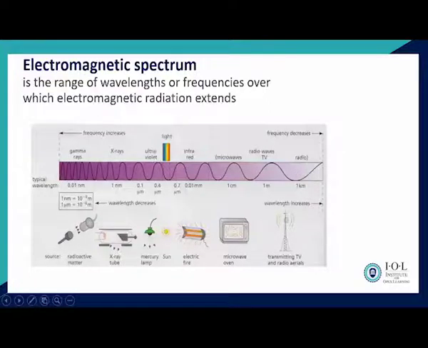So these are examples of electromagnetic waves. So you must be able to draw a diagram to show their frequencies and also their wavelength, and also give the examples. The examples are given here below the diagram. So you should also be able to give the examples of where they are used.